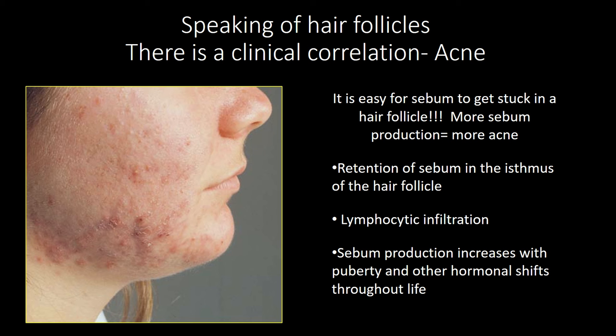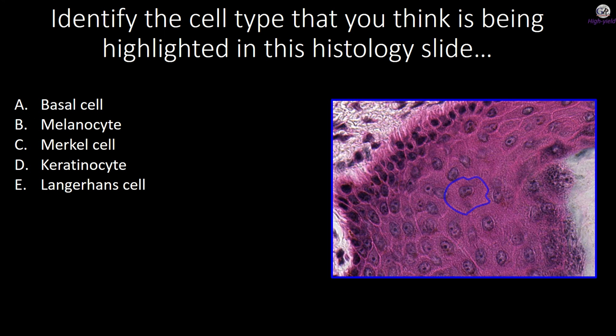But you can get sebum stuck, and then you can get bacteria that can infiltrate. It actually infiltrates more if you press on it. You can force bacteria down into a hair follicle and cause an infection. And that's how your body tries to mount a response. You get white neutrophils that show up in that clogged pore, and so it causes inflammation and redness and all of the symptoms of acne.